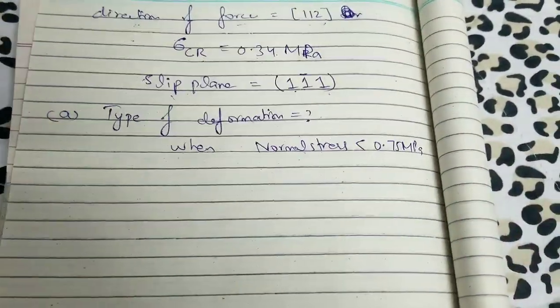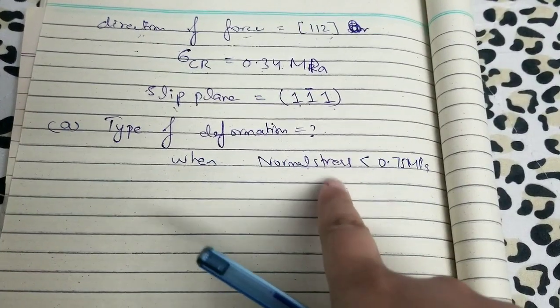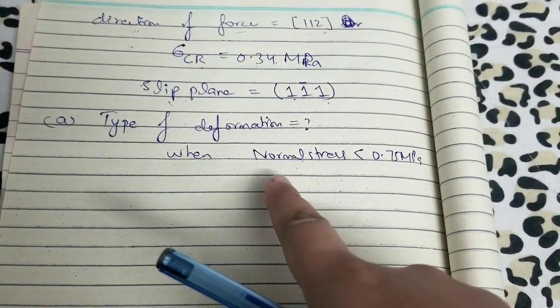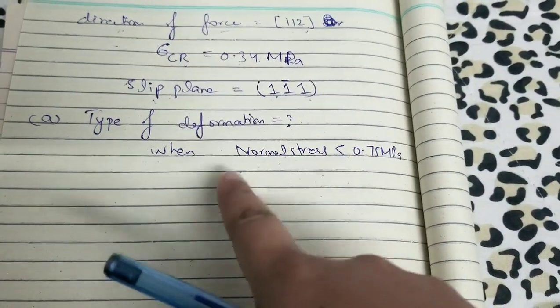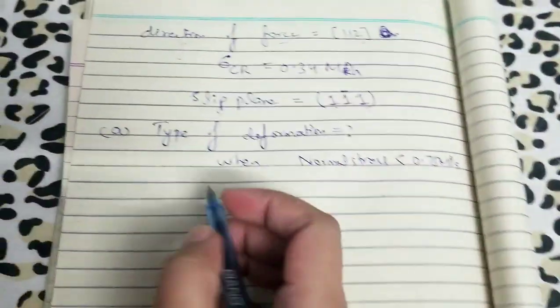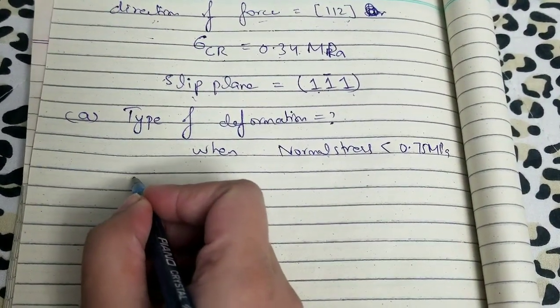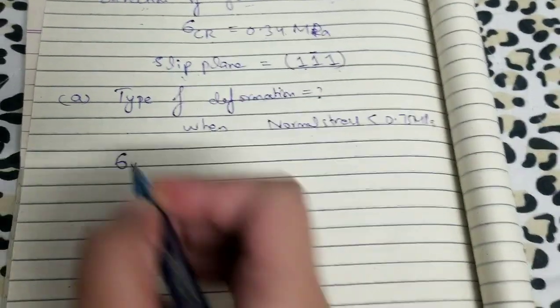Now, in order to know which kind of deformation the material will show when it undergoes a normal stress, we have to find out the critical normal stress. Let us denote the critical normal stress by sigma y.